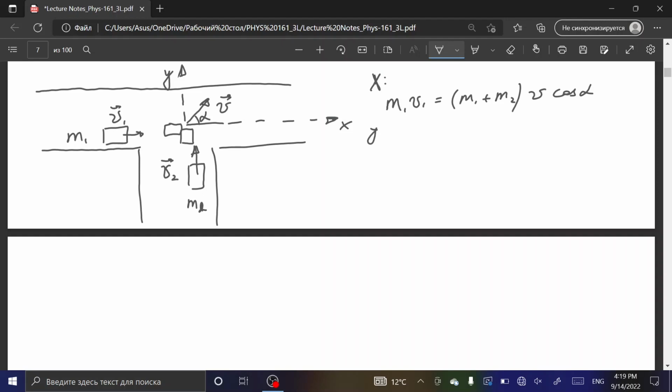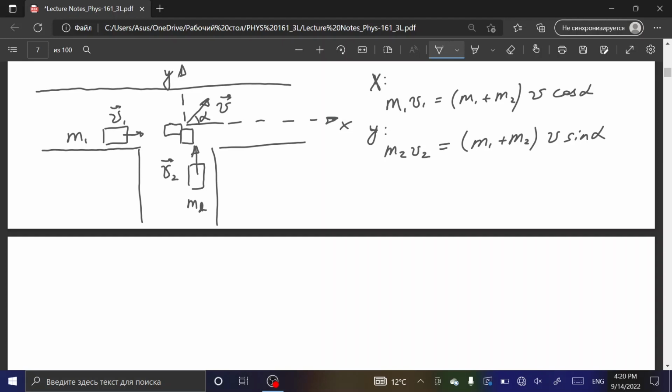For axis y, we can write that the initial linear momentum will be m2 times v2. That is equal to m1 plus m2 times v times sine alpha.